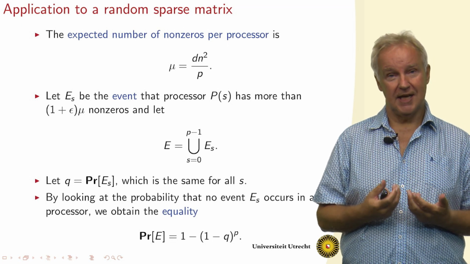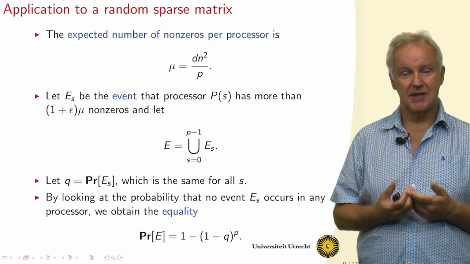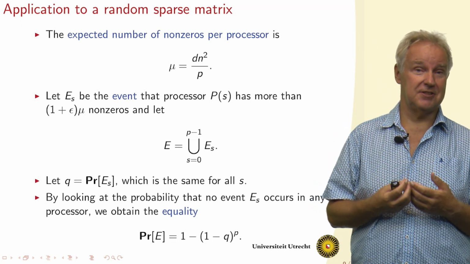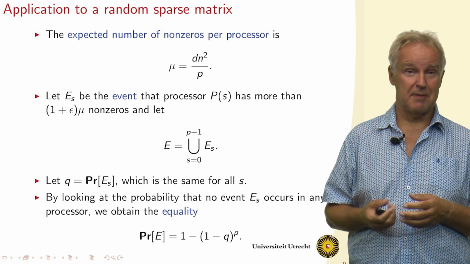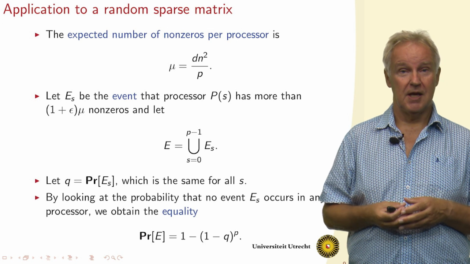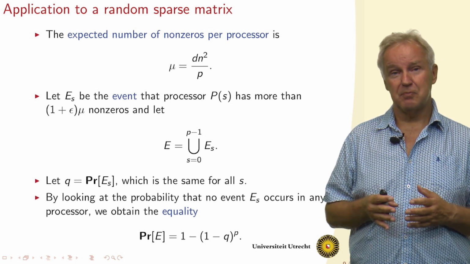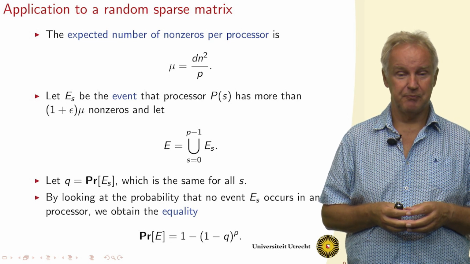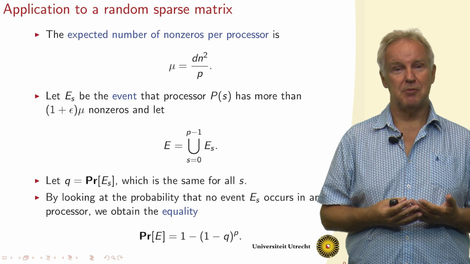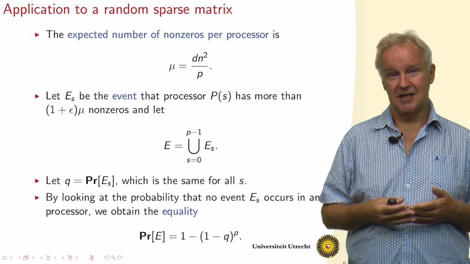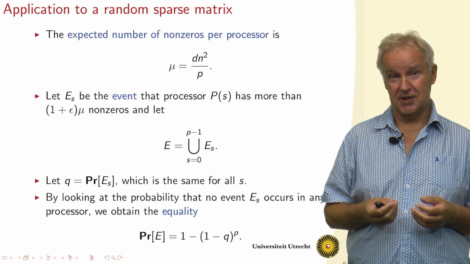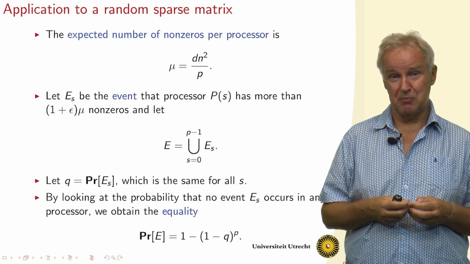And then ES is the probability that processor S exceeds 1 plus epsilon times mu. Now, of course, for all processors, this probability is the same. We call it Q. And then E is the event that one of the processors exceeds this 1 plus epsilon times mu.